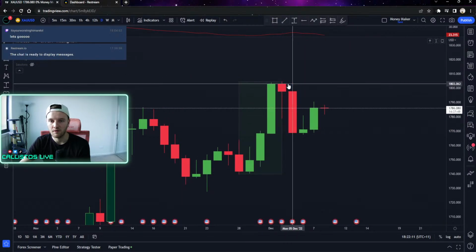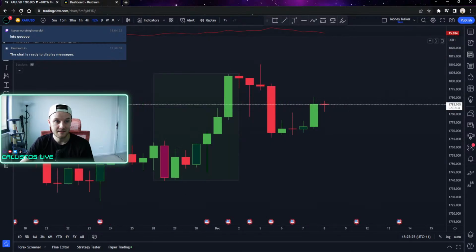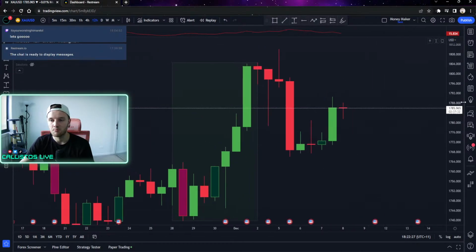We can see that so far this week, right, we've pulled back, we've created a support now here on the daily, as you can see, and now we're starting to move bullish again, right? And we saw that yesterday had this nice bullish close. So again, today what we can be looking at is continuation buys on gold, right?